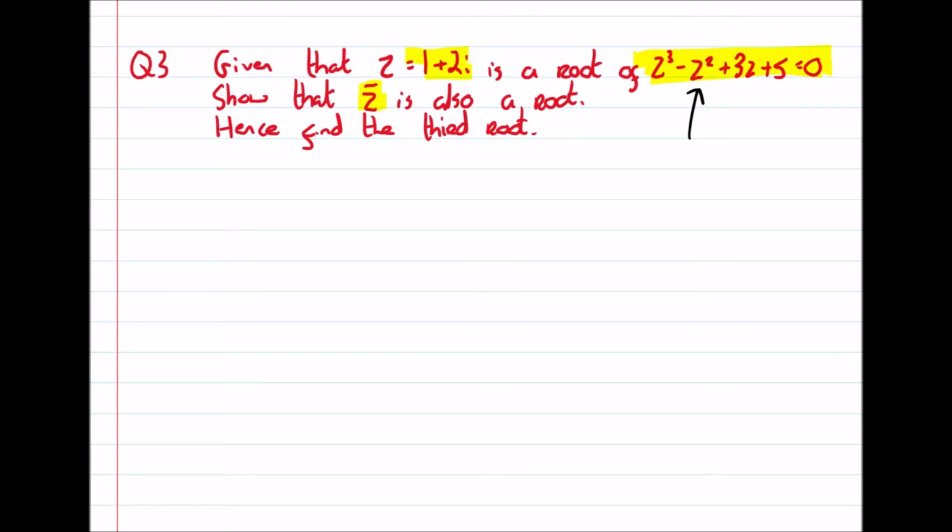Right, first thing, we're going to show that the conjugate of z1, which is 1 minus 2i, is a root of this. So we're going to put this in for z. So let's write out the equation.